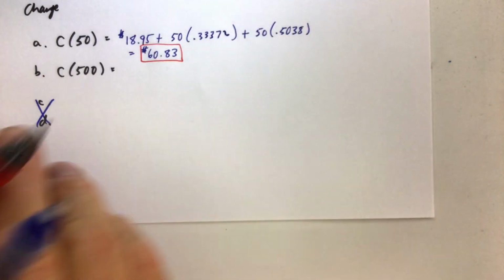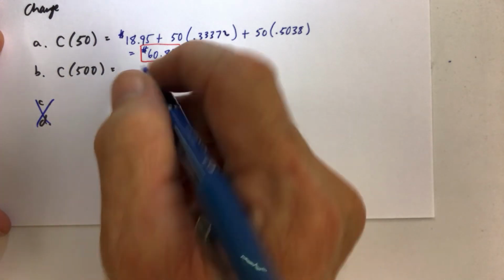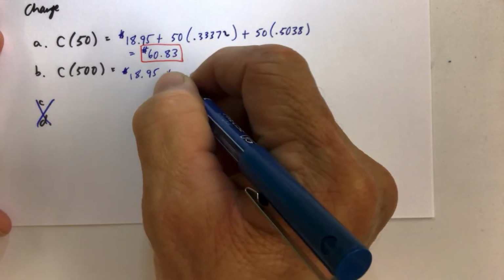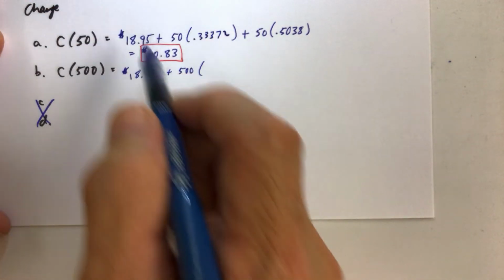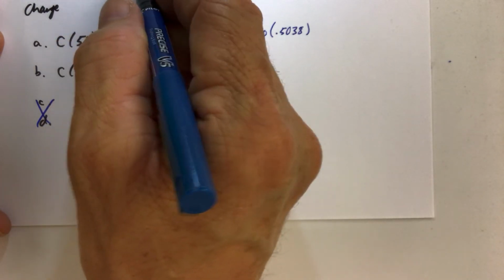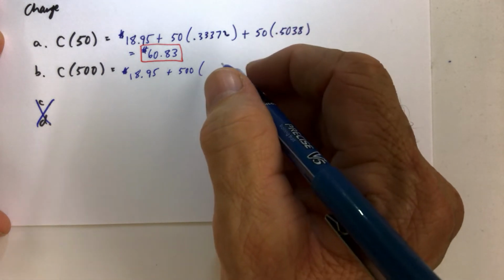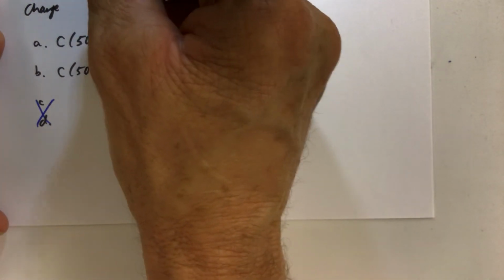Our answer for part B, if we use 500 therms, then we still have that same service charge plus 500 times... Now, if we use more than 50 therms, then we're going to pay at a lower rate. That's kind of interesting. Oh, so the first 50 therms you pay at this rate.